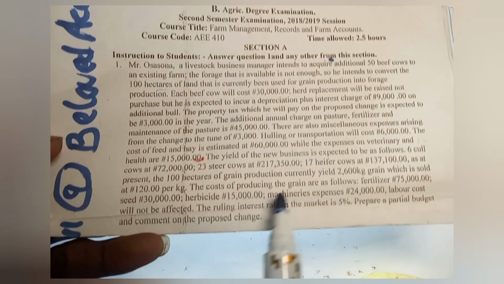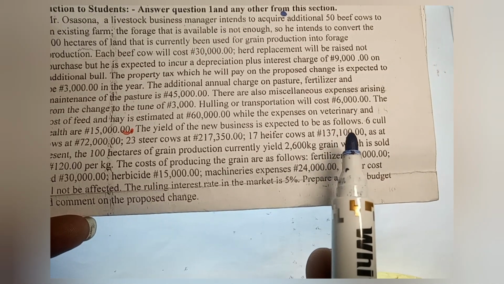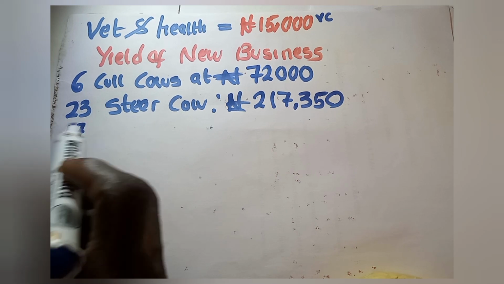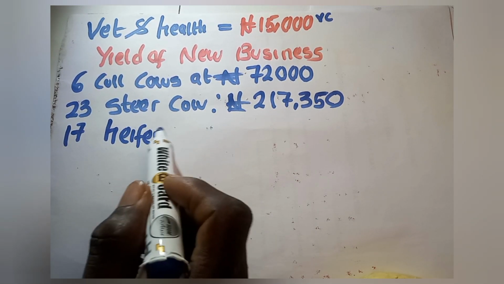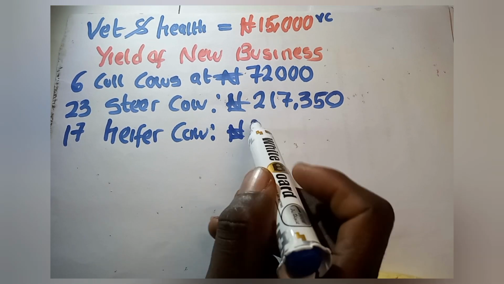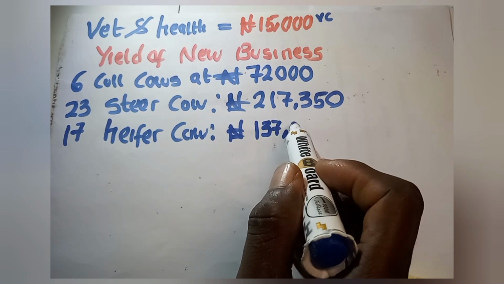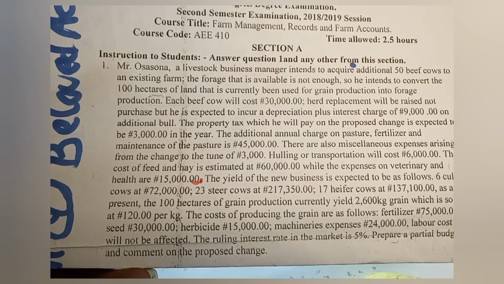After that, we have 17 heifer cows at 137,100 naira. 17 heifer cows at 137,100 naira.